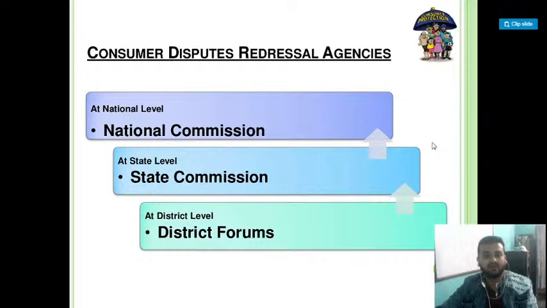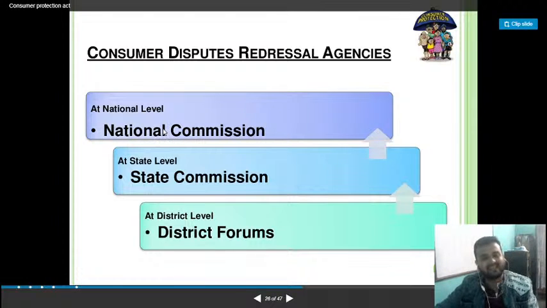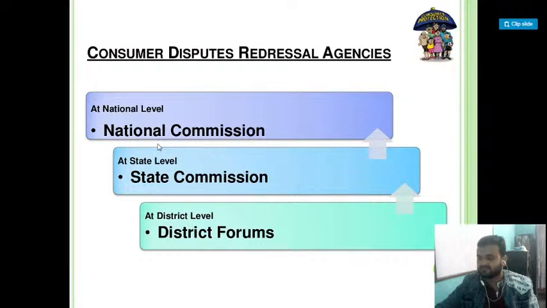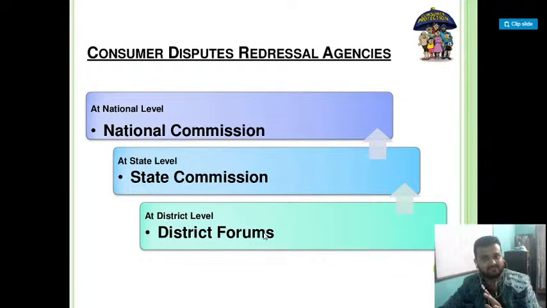It again has three levels: the district level, which is the district forum; the state level, the State Commission; and the national level or central level, whose name is the National Commission. So consumer dispute redressal agencies work at three levels.